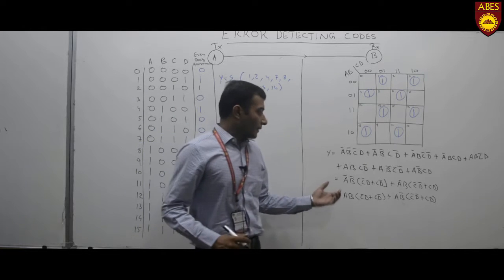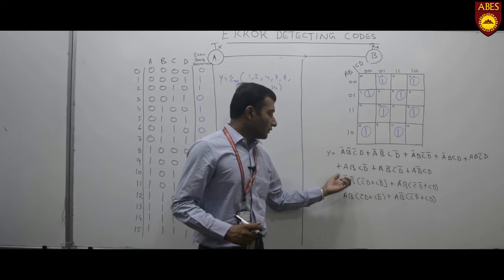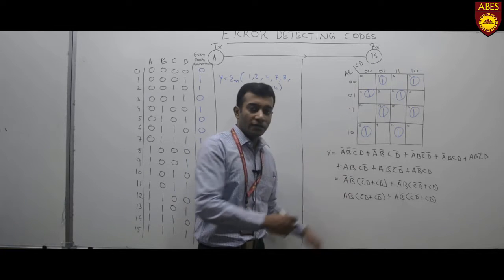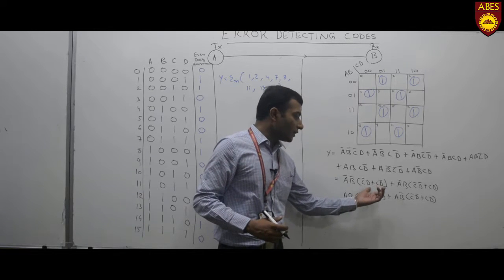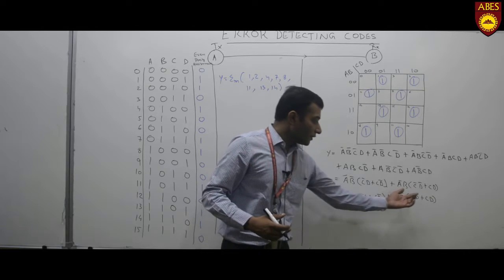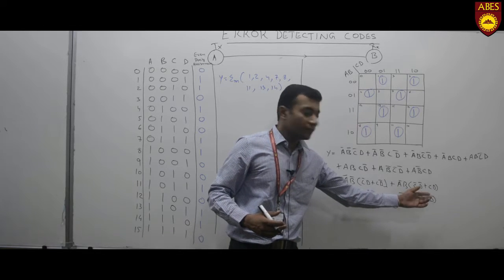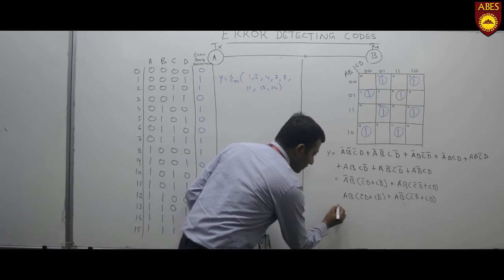So what we have done is taken a few values common and extracted the other values. Here what we have got, C bar D plus C D bar, is in the form of C XOR D. Here we have got C bar D bar plus CD, which is in the form of C XNOR D. Now this can further be processed.